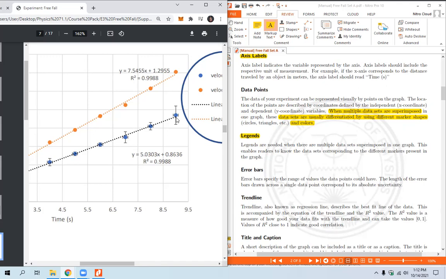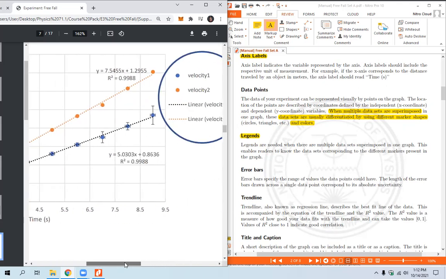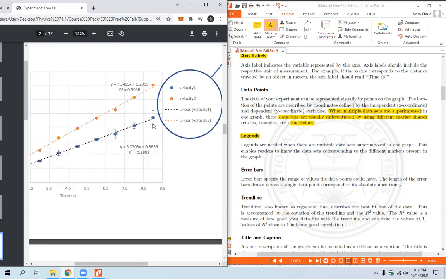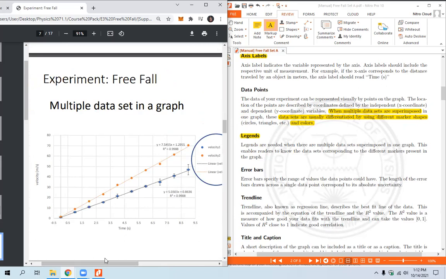Dahil nga for reasons like, ano nga bang reasons for uncertainty? Yun, limitation ng devices or whatever. So that's how you represent your uncertainties in a graph. For this experiment, by the way, we will not be doing error bars. So this is not actually a big concern, but this is just useful to remember and to know.